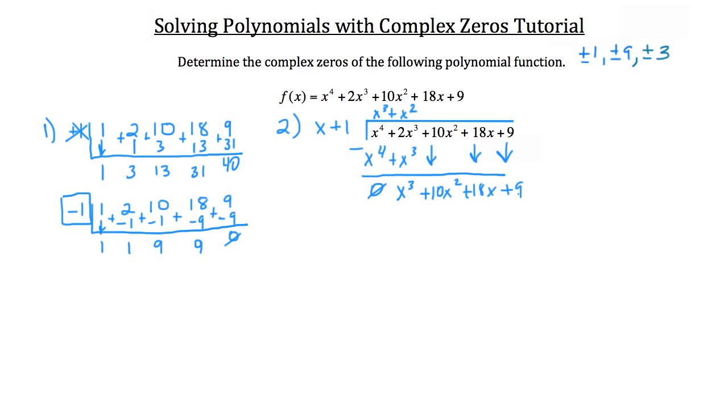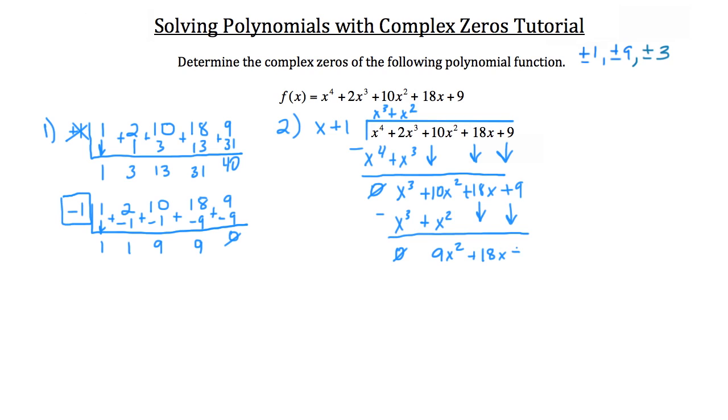So we know that we're multiplying x squared by x to get x cubed, and then x squared by positive 1 to get positive x squared. We're going to subtract these two terms. X cubed minus x cubed is 0. 10x squared minus x squared is 9x squared. We'll bring down our positive 18x, and we'll bring down our positive 9.